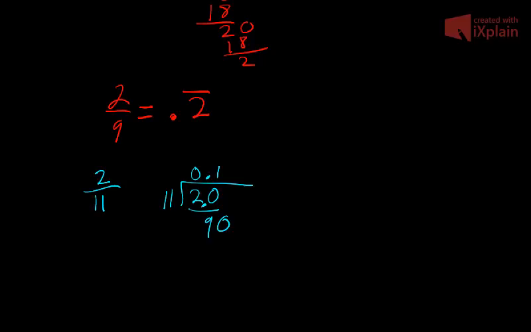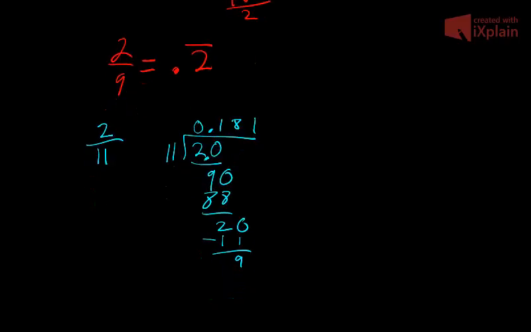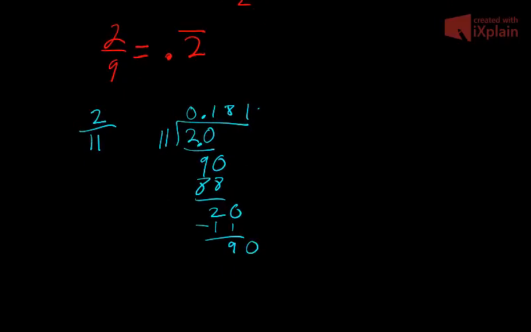The answer to that question is 8. 8 times 11 is 88, leaving 2. 11 goes into 20 once, minus 11 would be 9. And 11 goes into 90, 8 times, 88, 2. So this will keep on going forever and ever, and we would write this as 0.18 with a bar on top. And it's very important to put the bar on top of the 1 and the 8. That tells us that the 1 and the 8 are repeating.